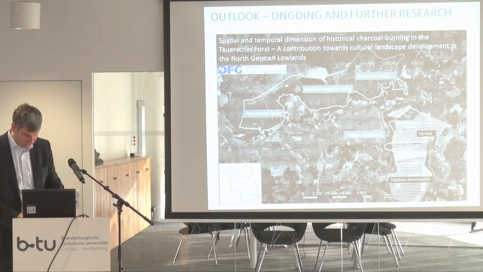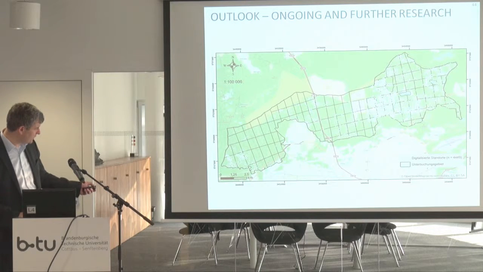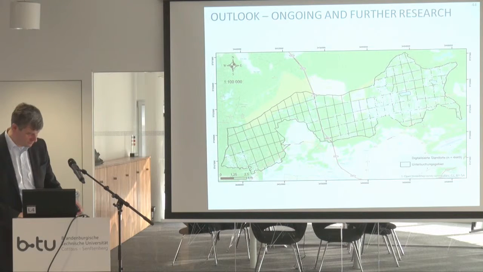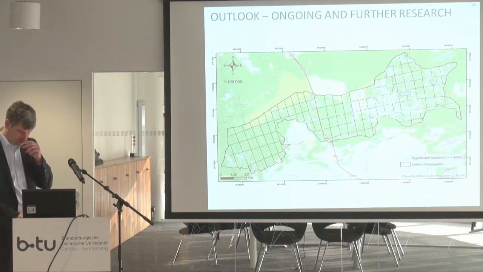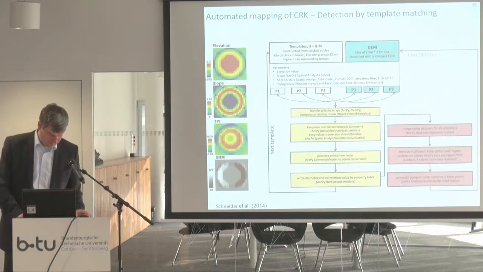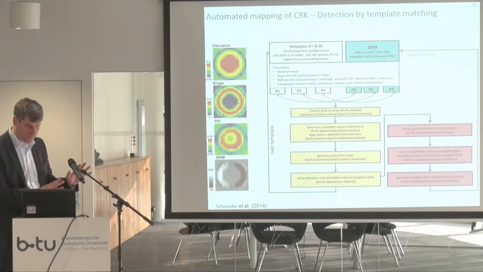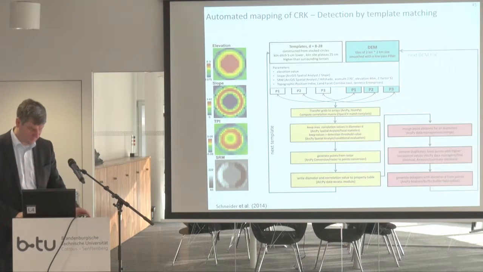The first results of this ongoing project show us that yes, we have lots of these charcoal kilns, really thousands and thousands of these remains still hidden under our forest canopy.